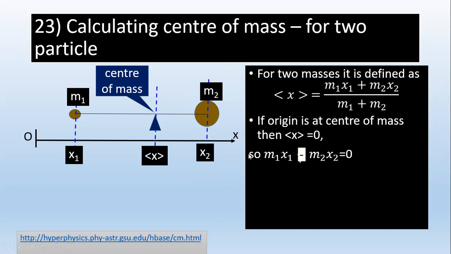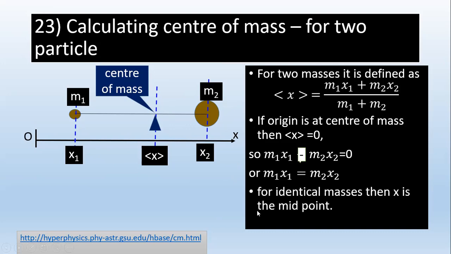But it's important to realize that if we take this as origin, to the right is positive, the conventional rule, and to the left is negative. That's why I have to put a negative sign here. Then we get m1 x1 equals m2 x2, just like moment about the fulcrum. For identical masses, the center of mass is the midpoint.